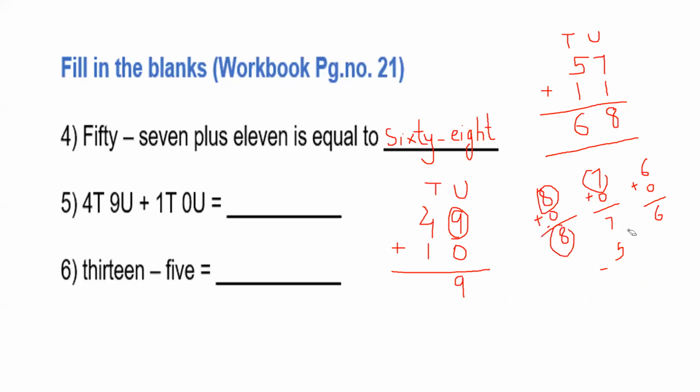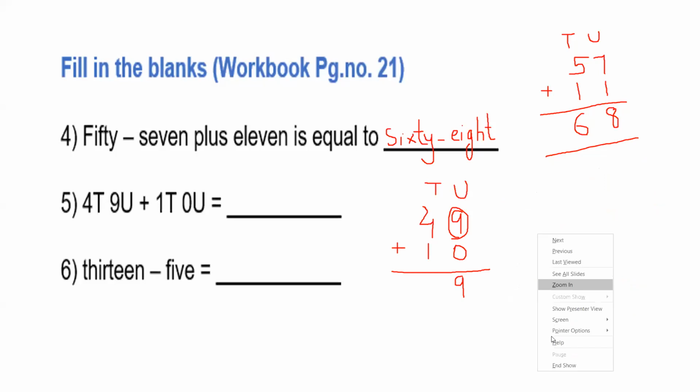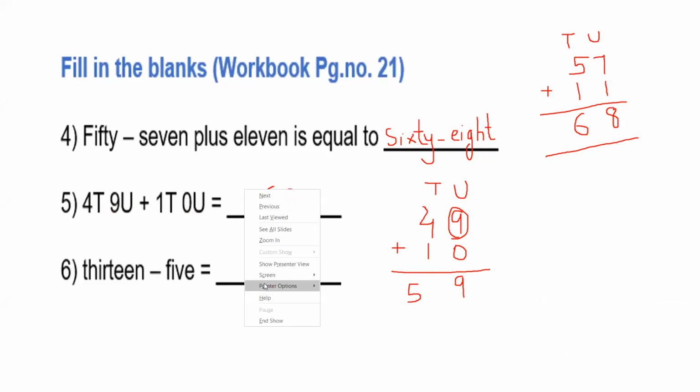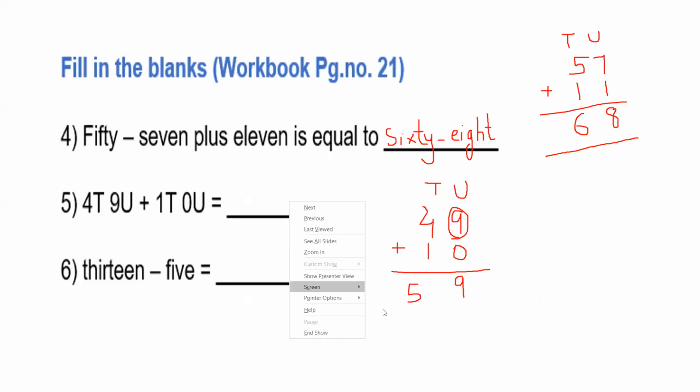So here 9 plus 0 is equals to 9. 1 plus 4 is equals to 5. So answer is 59. But here you will not write 59 like this. Observe the pattern over here. 4 tens 9 units plus 1 ten 0 units. So how you will write? 5 tens 9 units. Okay. You have to observe the question and then write the answer. 59 is the answer, right?